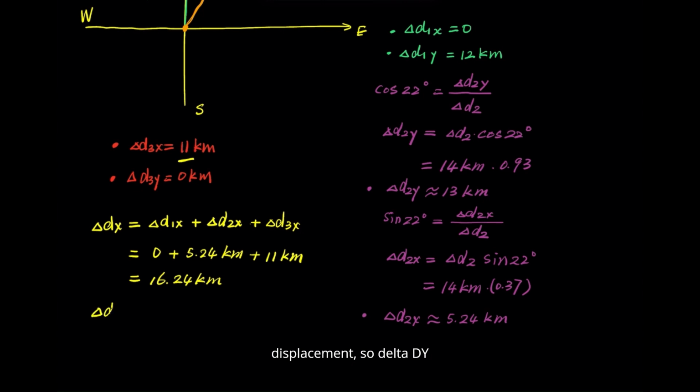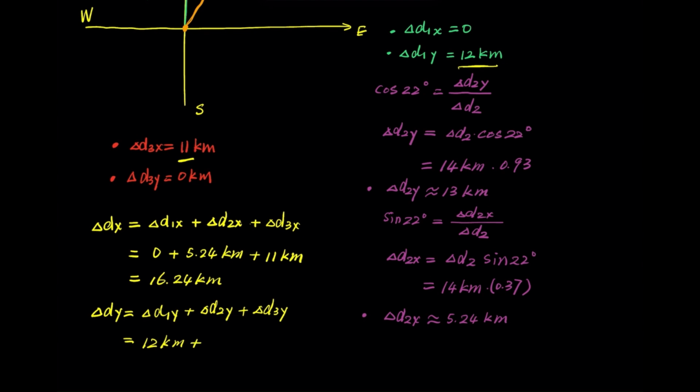We'll do the same for y components to find the total y displacement. So delta dy equals delta d1y plus delta d2y plus delta d3y. Plugging in our values, delta d1y is 12 kilometers plus delta d2y is 13 kilometers and delta d3y is 0.